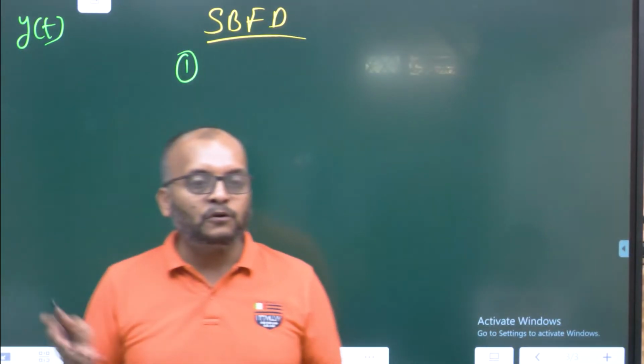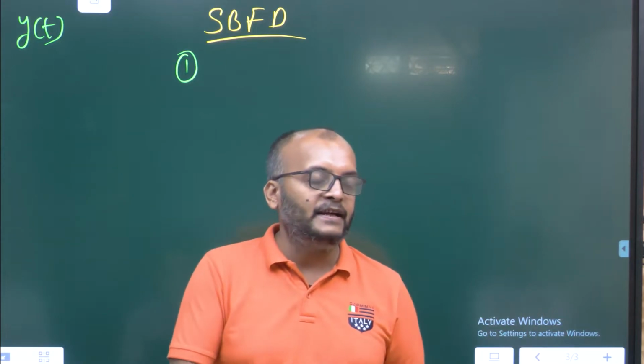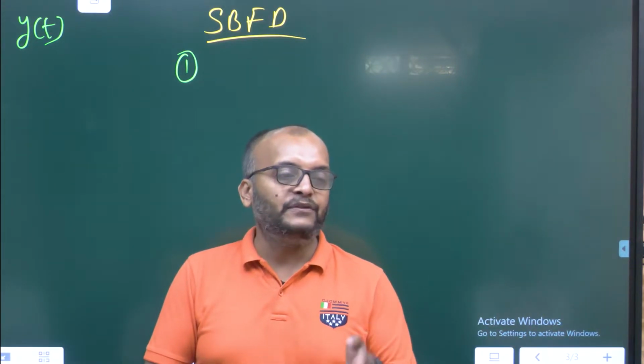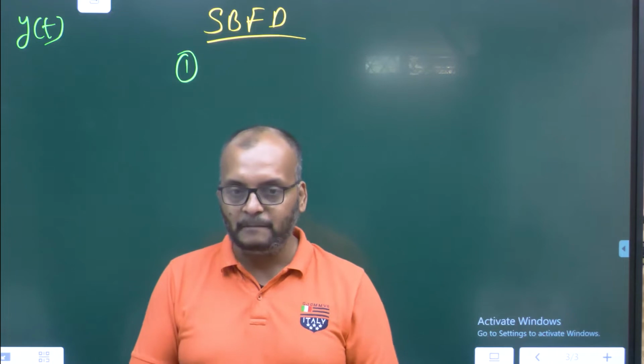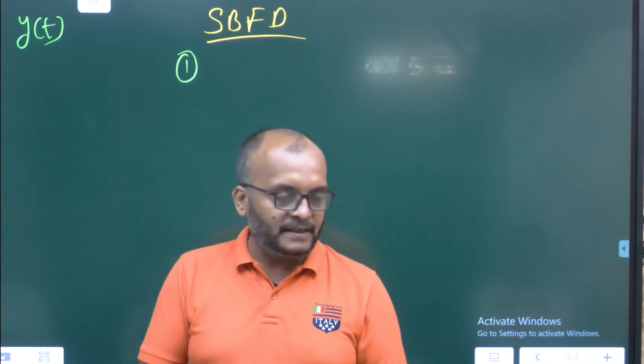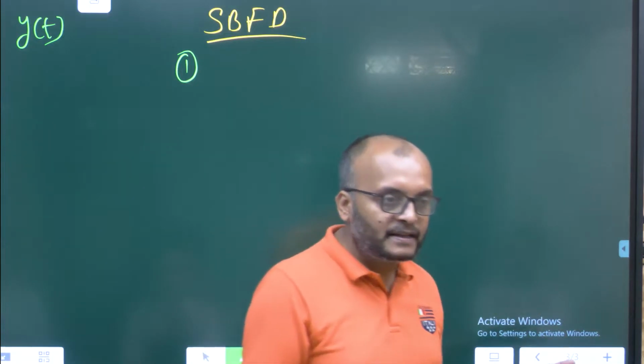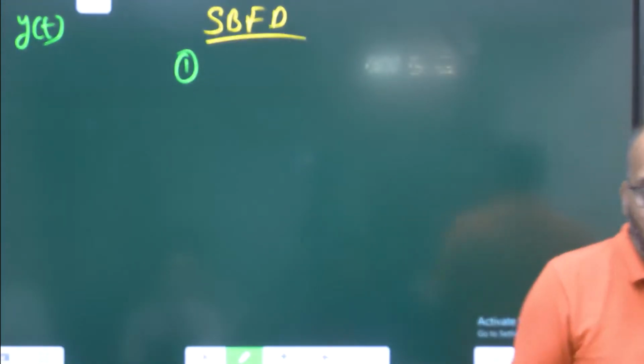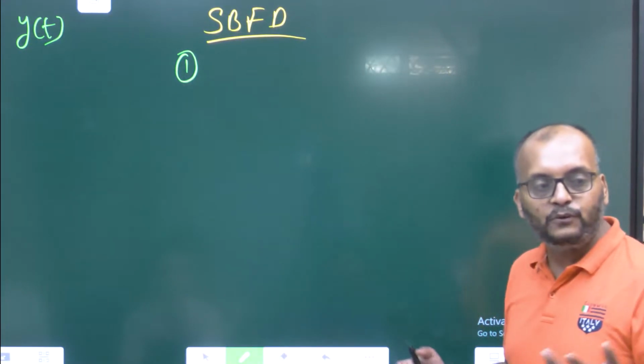Now a constant is not dependent on any variable. Then how can you differentiate it with respect to any variable? It is an independent quantity. So you cannot differentiate it with respect to any variable.